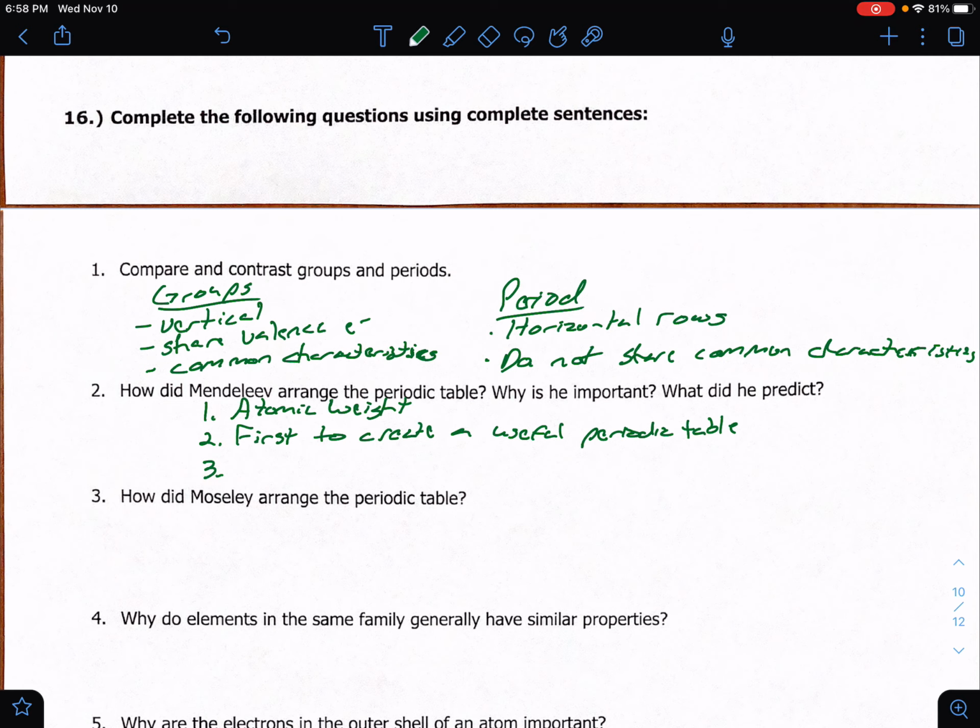Then third, what did he predict? He predicted future discoveries. He actually left parts of the periodic table blank because he knew that there was something there. There were these gaps, and he left those gaps for future discoveries.